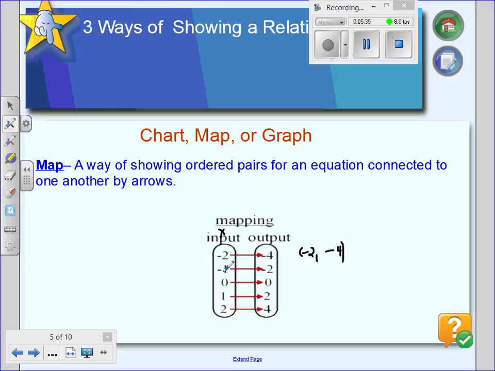We then have the points (-1, -2), (0, 0), (1, 2), and (2, 4). So when we draw a map, we circle the x's and circle the y's and connect the x's with their y's using arrows. Using maps is really helpful for situations where we have repeated x and y values.